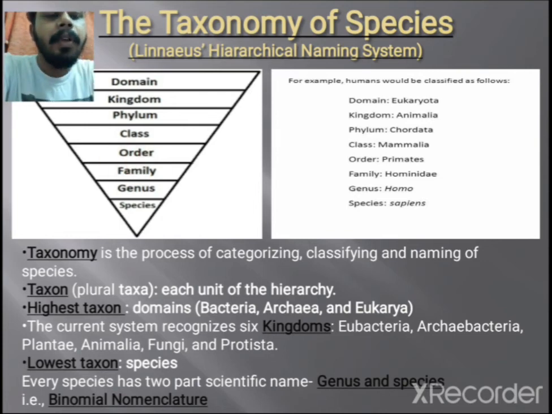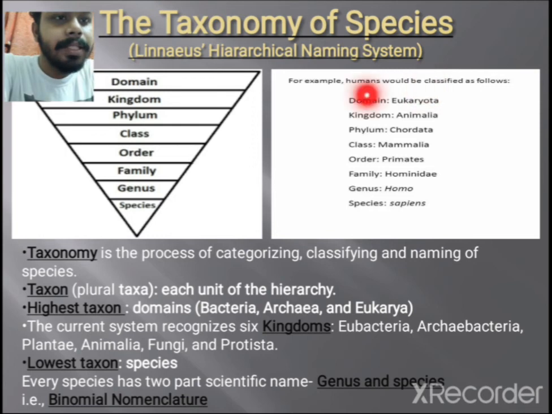And if two or three families have the same characteristics or a few similarities, then they can belong to the same single order. So in this way they have different taxons, and the highest taxon is the domain, and there are 3 domains and 6 kingdoms according to the taxonomic hierarchy. Okay, so this is the taxonomic hierarchy of species.